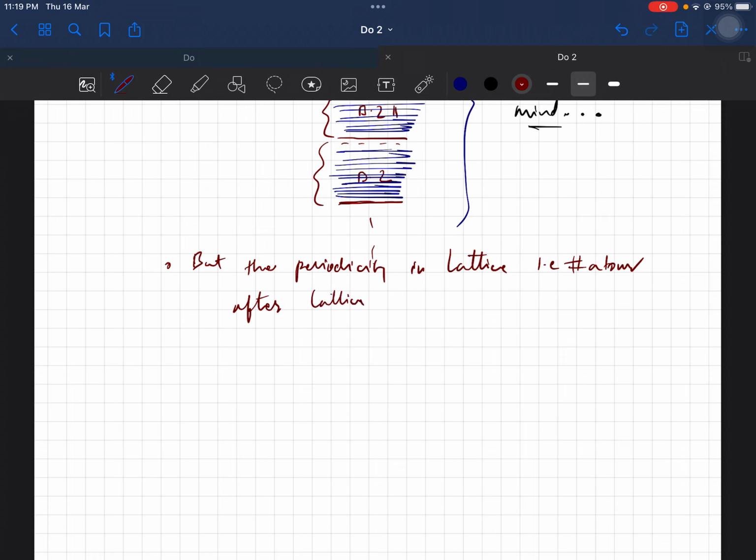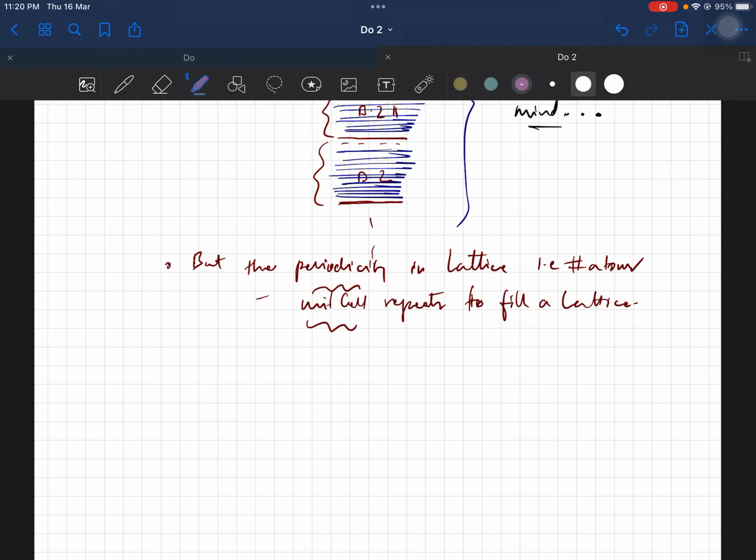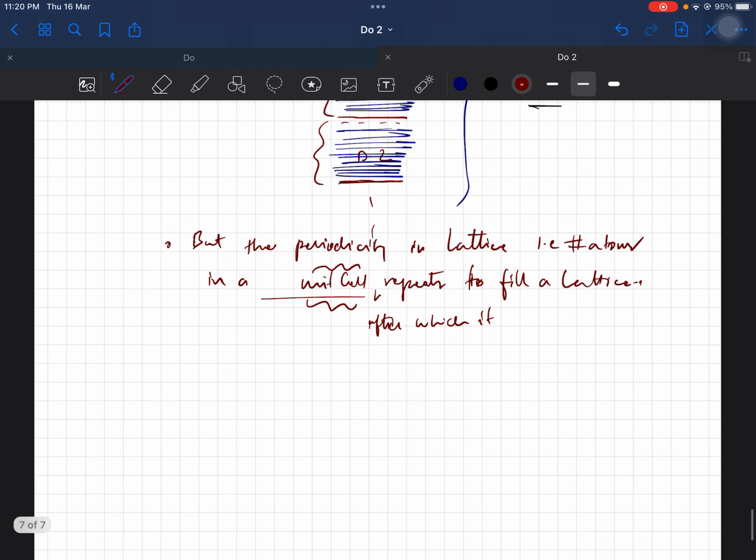N is the number after which the lattice repeats, basically a unit cell to fill the lattice. It's quite small, like 2, 3, something.